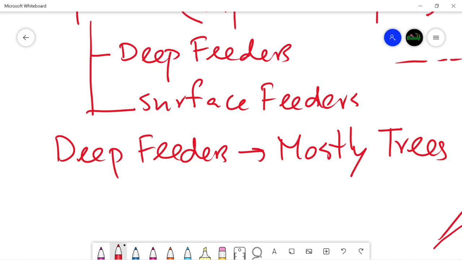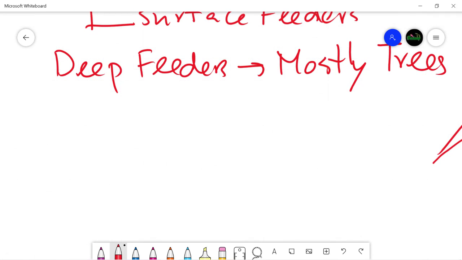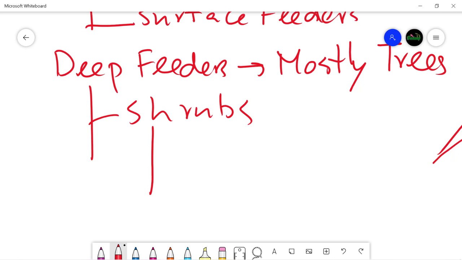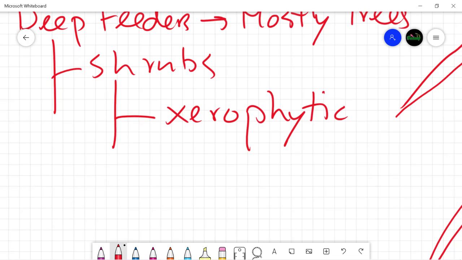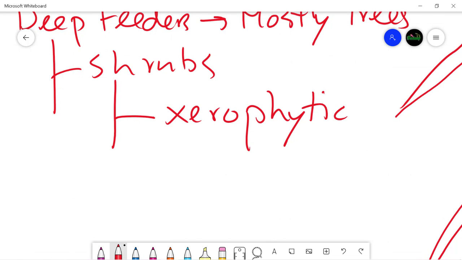And if there are other plants like shrubs, these shrubs are mostly xerophytic plants. That is, they are growing in an area where soil water is scanty or quite scarce, not available. So the roots grow deeper and deeper into the soil in search of water. So deep feeders are xerophytic shrubs or trees.